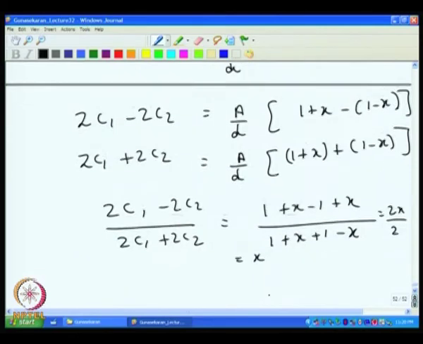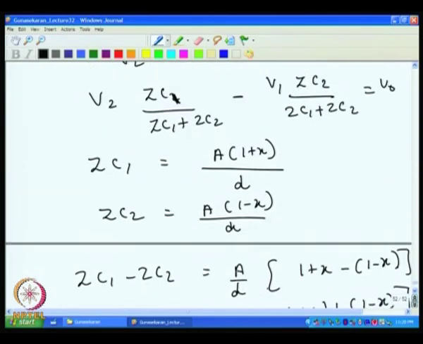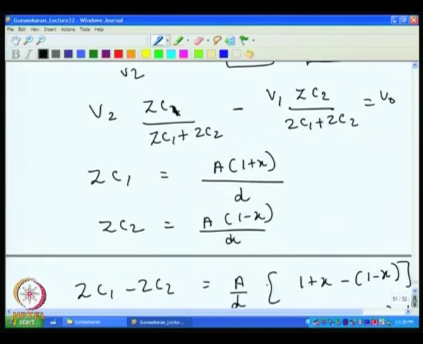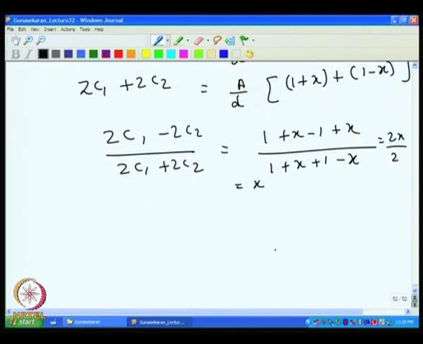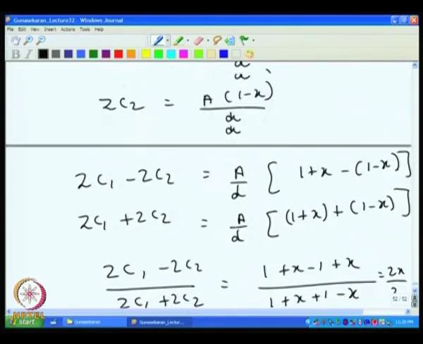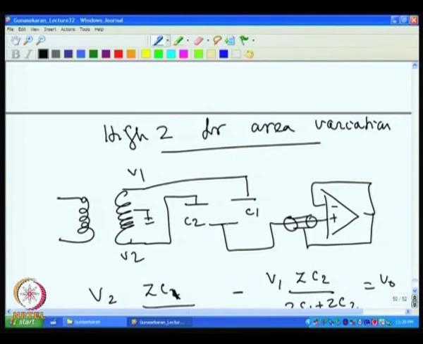So ZC1 minus ZC2 over ZC1 plus ZC2 comes as x. That will give the output voltage, if V1 is equal to V2, then V0 will come as V into x. Again it is linear actually. So IZ for area variation turns out to be again linear.